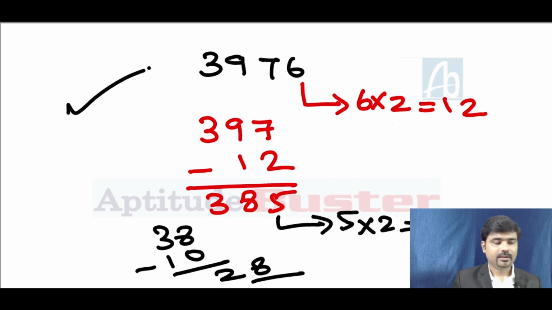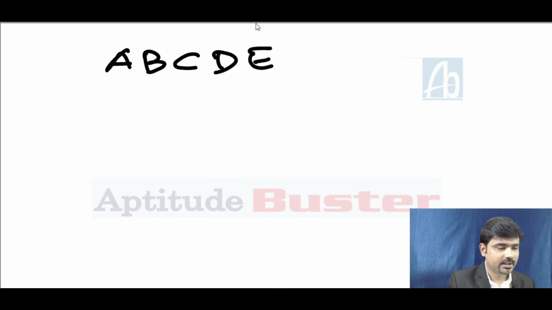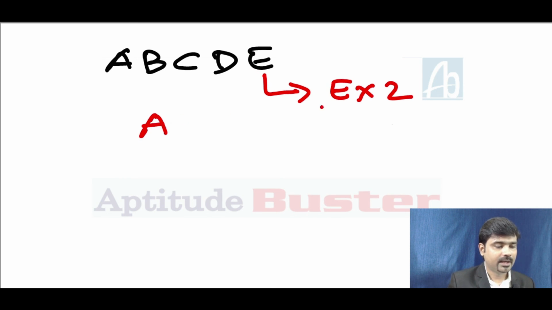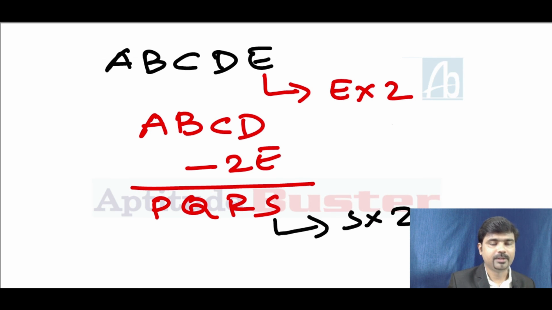Yes. From this you can understand, if the number is A, B, C, D, E, first remove this E. Multiply this value by 2. Then subtract this value: A, B, C, D minus 2 times E. Then again some value will come, P, Q, R, S. For example, again we have to remove this S, multiply this value by 2.